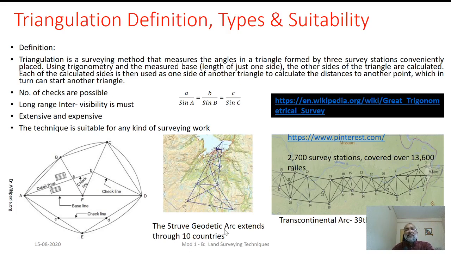An arc is nothing but the curvilinear distance between two stations which have the same longitude. So here a true geodetic arc was extending over these 10 countries. As you see, the transcontinental arc was covering around 2,700 surveying stations, and it was spread over 13,600 miles.